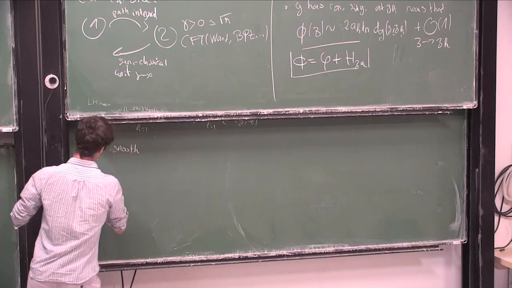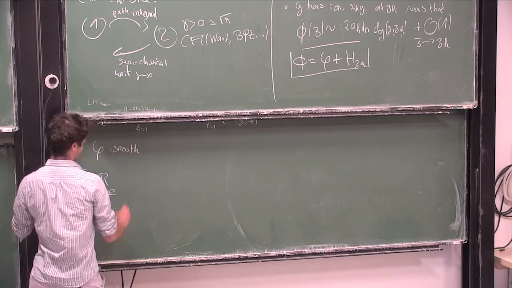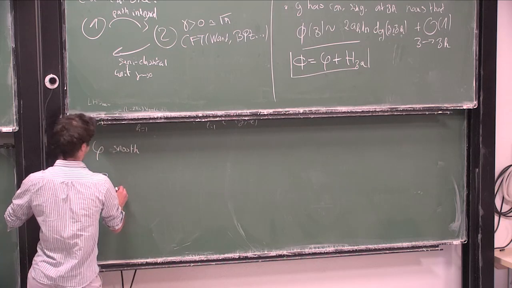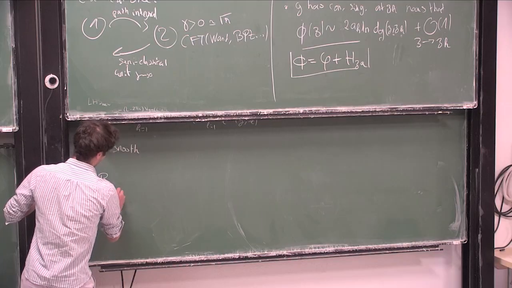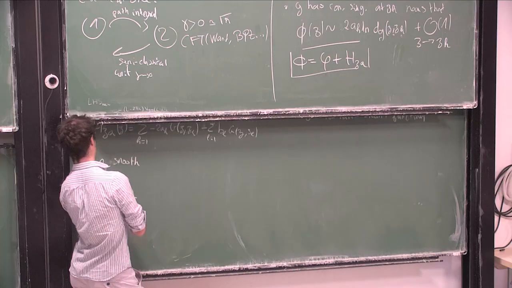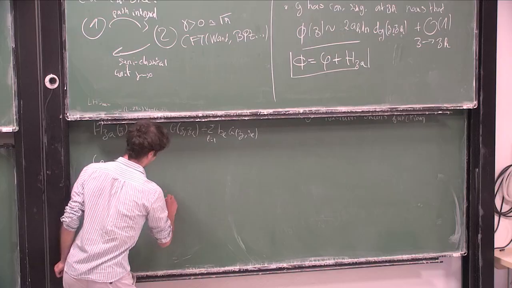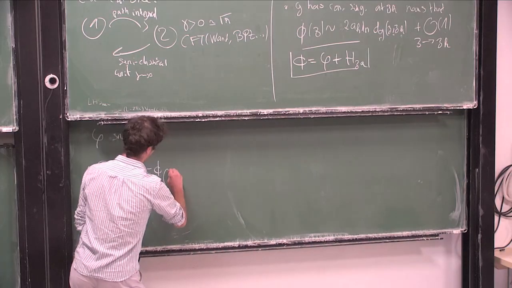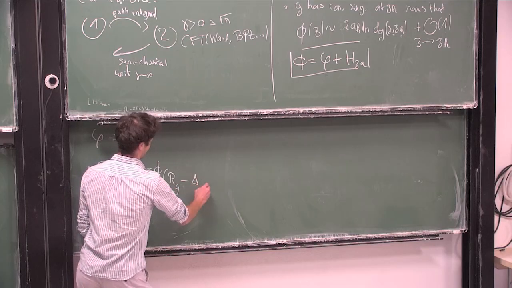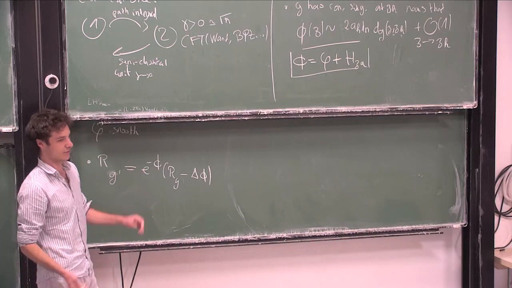There is a famous rule for a conformal change of metric in dimension 2. In my new metric g prime, which is exponential phi times g, the Ricci scalar curvature transforms as exponential minus phi times the initial curvature R_g, minus the Laplacian. My Laplacian is negative, so minus Laplacian is positive.